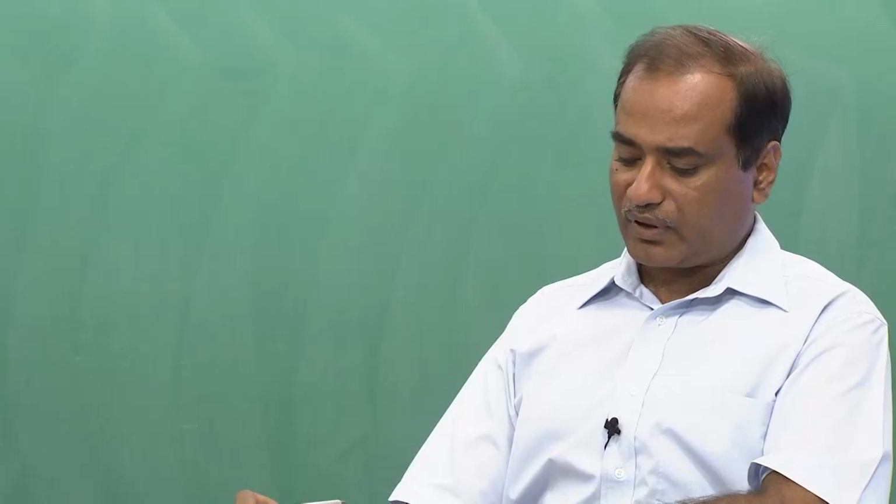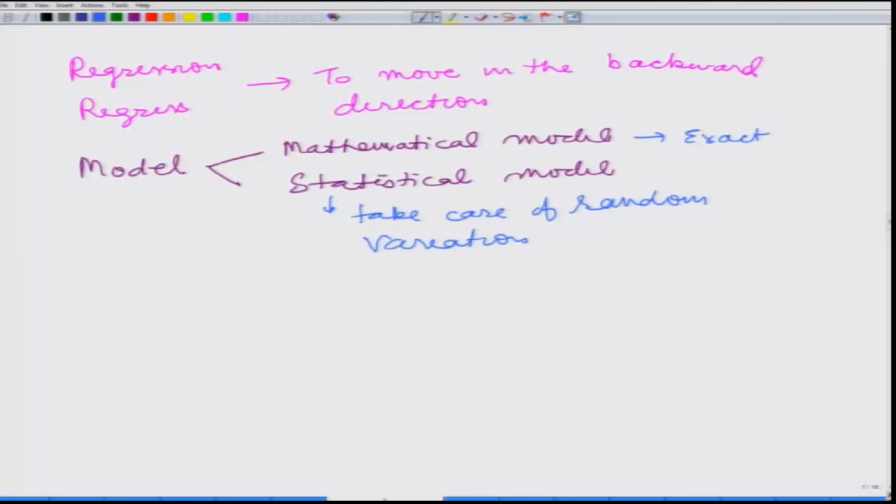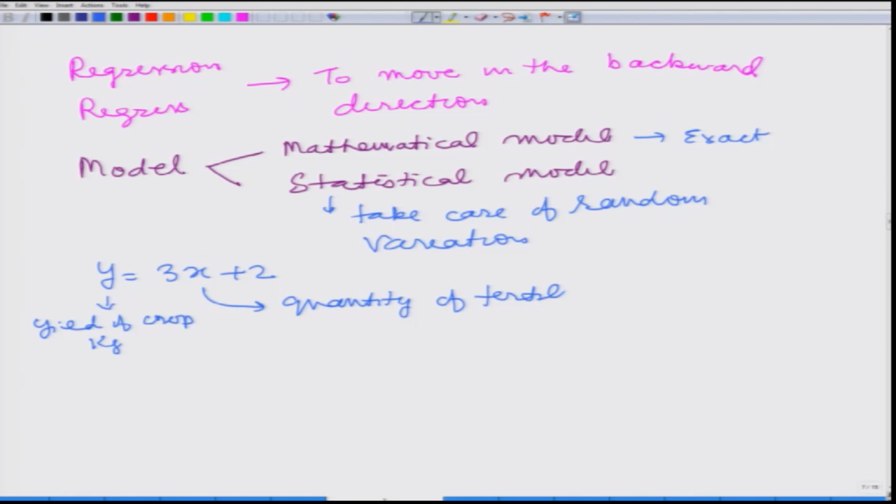Let me consider a simple equation, y = 3x + 2. Suppose y is the yield of a crop in kilograms, and x is the quantity of fertilizer, also in kilograms.